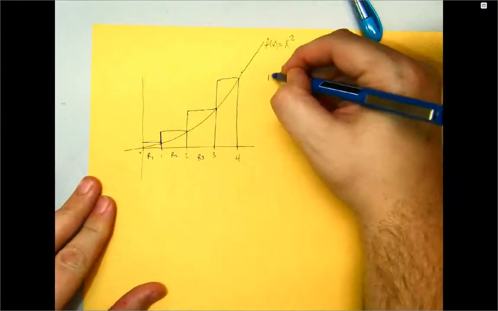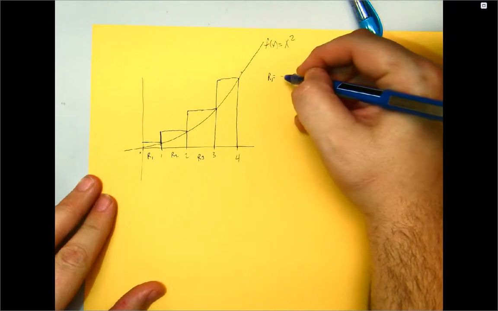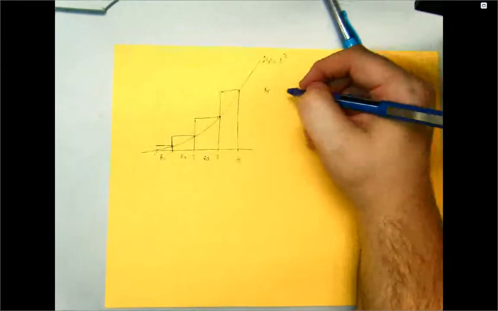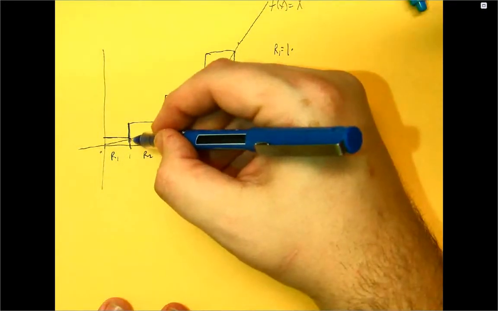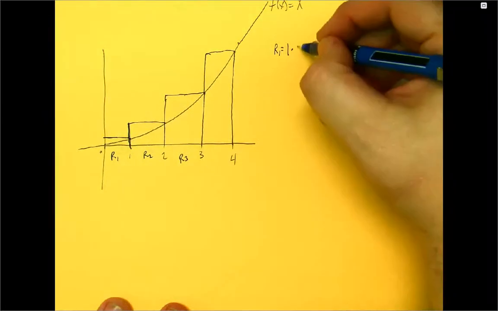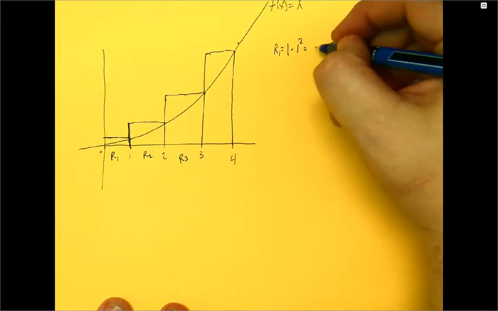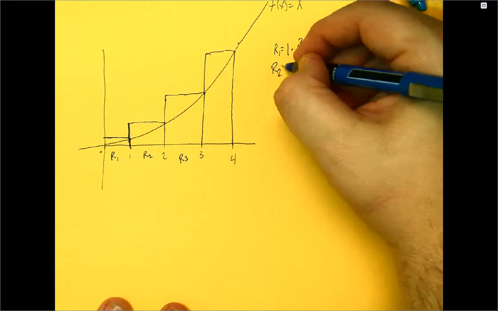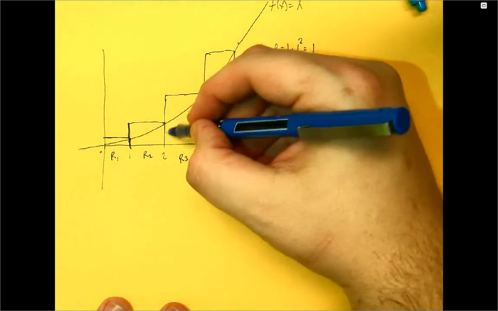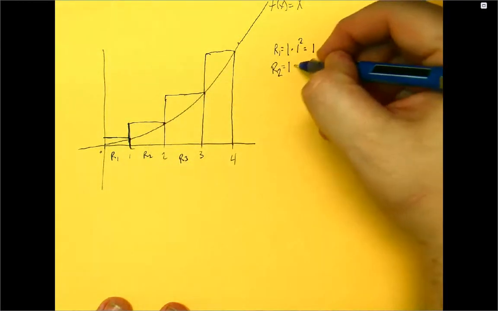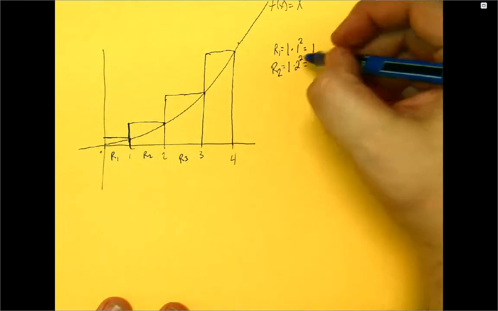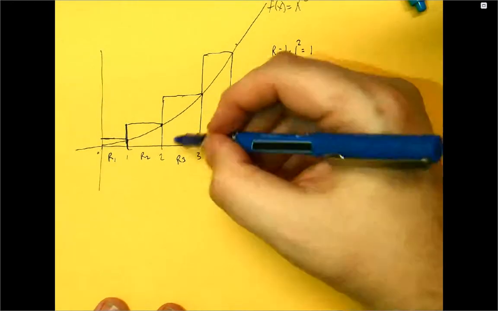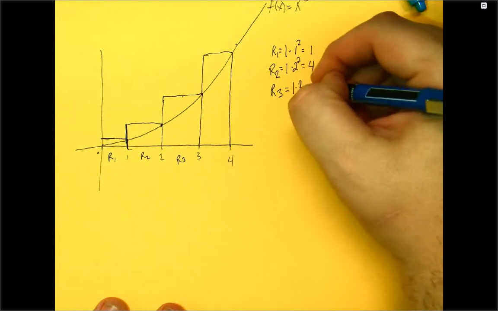Now, for R1, what's the width? 1. What's the height? What's this height right here? Well, it's 1 squared, isn't it? Which is 1 times 1, which is 1. So R sub 2, the second rectangle, the width is 1. That's going to be 2 squared. So we get a 4. Now R3, the width is 1. So we get 9.